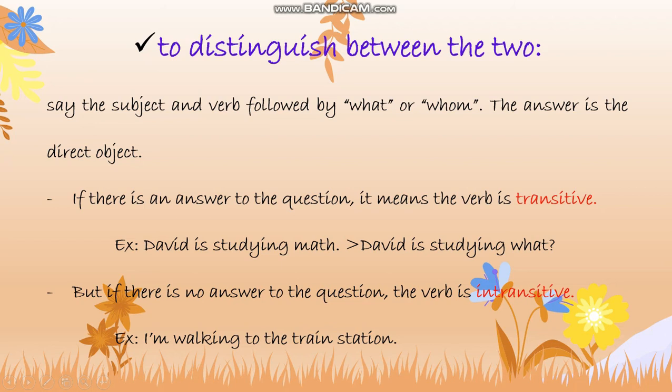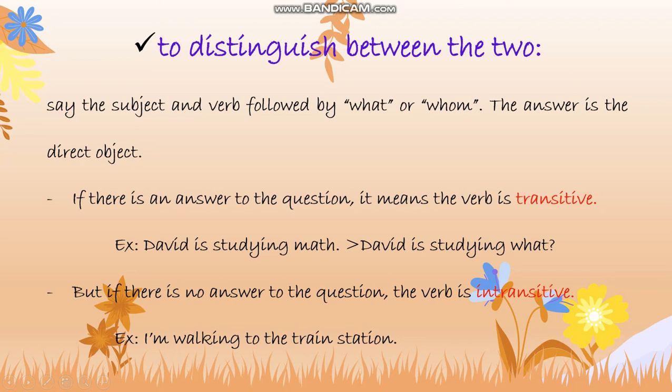Let's take a look at this. I'm walking to the train station. Walk here is the main verb of the sentence, and it needs no object, because even if you omit this phrase, the sentence still has a complete thought. I'm walking.